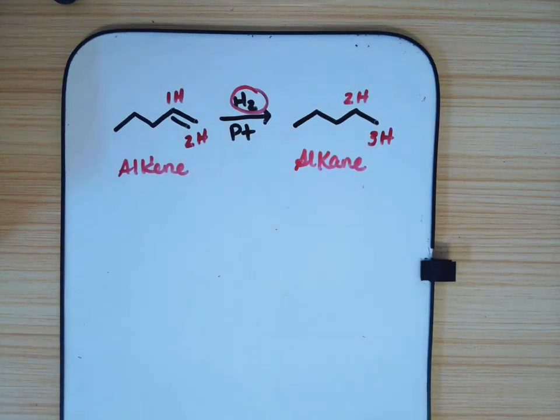Not only did we look at an addition reaction, hydrogenation also represents reduction. Because recall that during redox reactions involving organic compounds, we can look at a change in the number of hydrogen and or oxygen atoms. In this case, we don't have any oxygen.